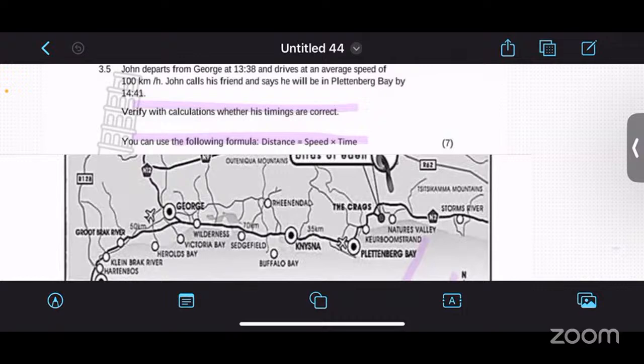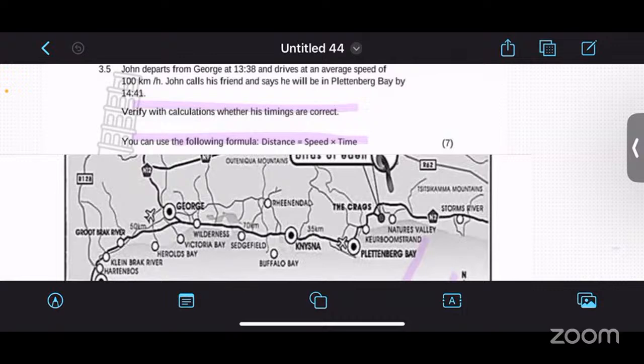So now we have the distance, and do we have the speed? Yes, we have the speed. And do we have the time? Yes, ma'am, we do.